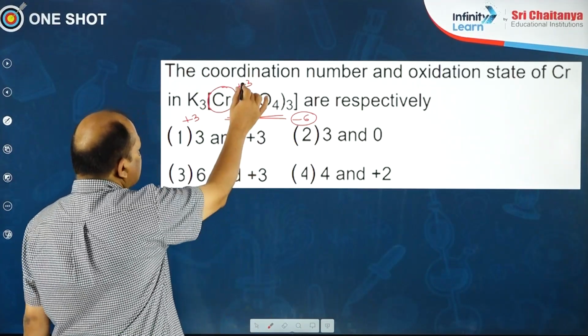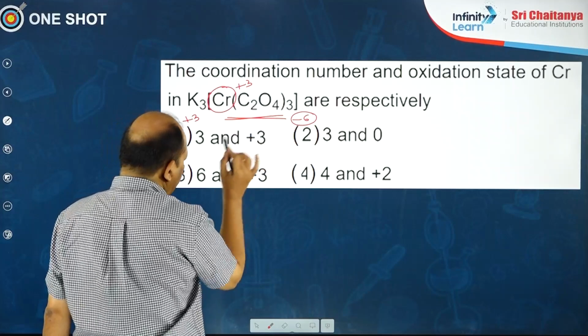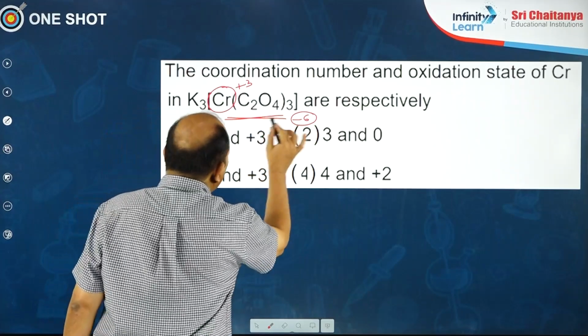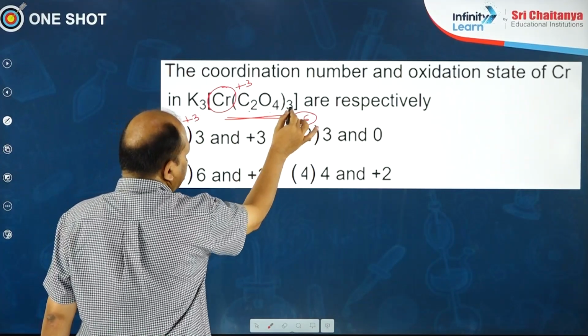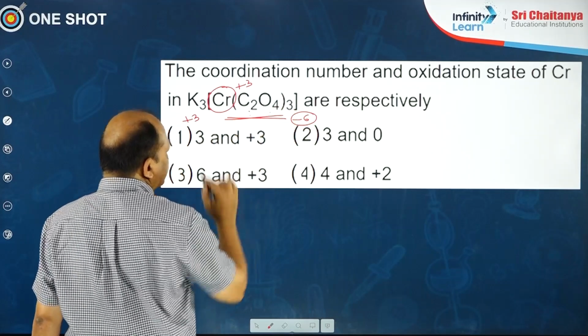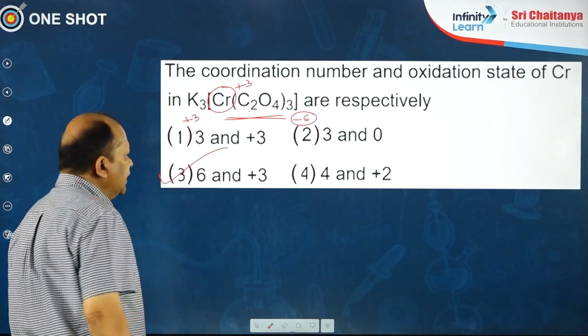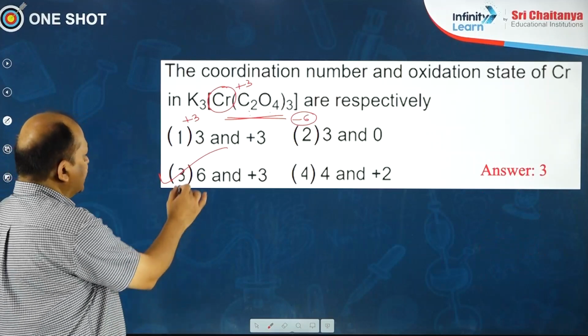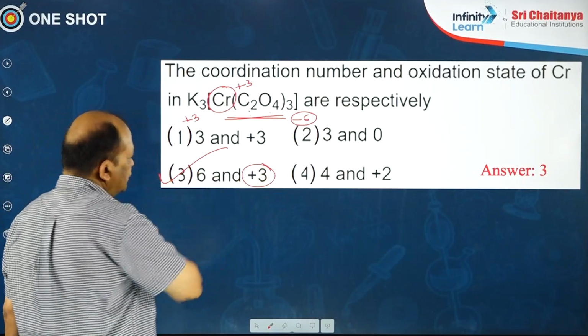So, the oxidation state is +3, and for the coordination number, you can see 2 into 3, didentate ligand, therefore 6. So, the third is the right option for this. Coordination number is 6, oxidation state is +3.